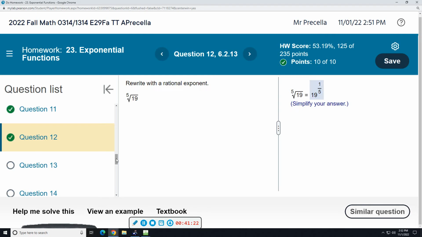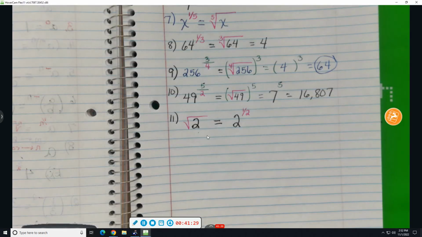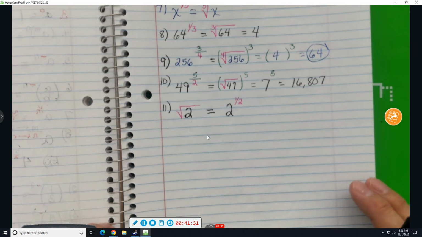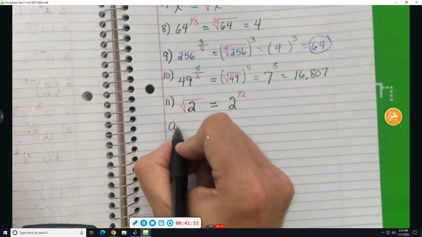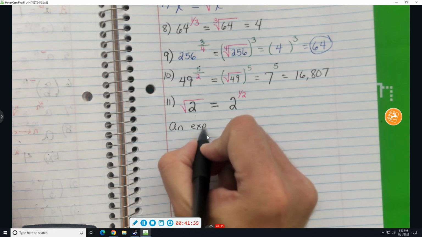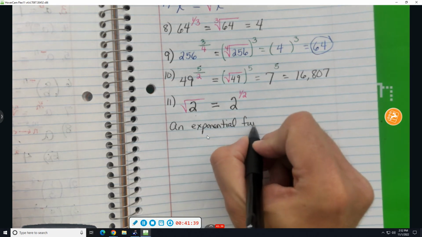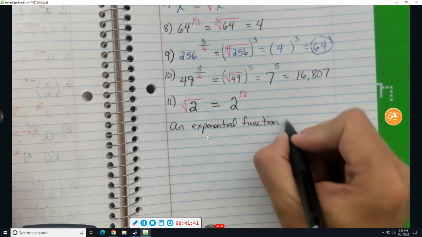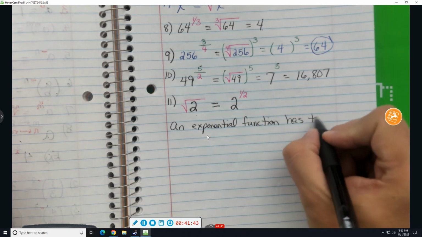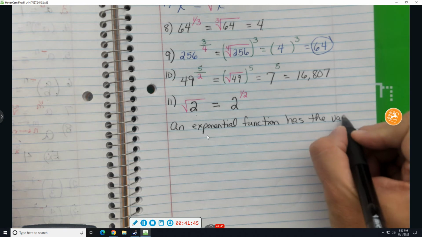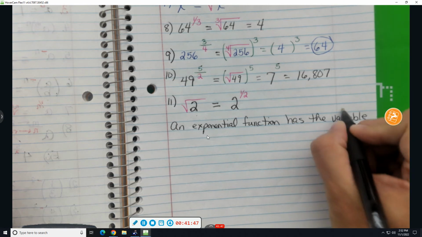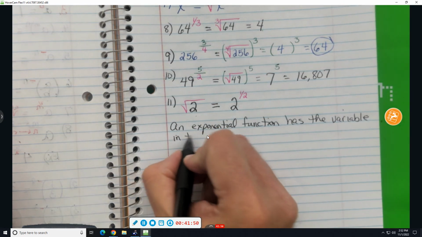Okay, I'm going to discuss what the heck is an exponential function. An exponential function has the variable x in the exponent.